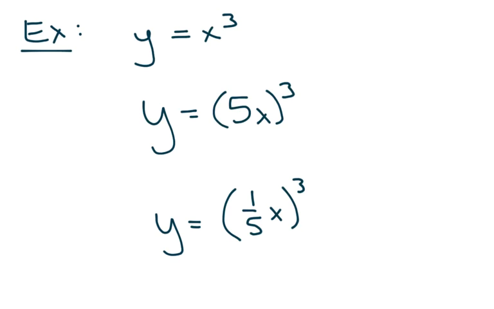So here's our last example. We're going to go back to our parent function of y equals x cubed. If I have y equals (5x) cubed, we're going to say because this is greater than 1, it compresses horizontally.